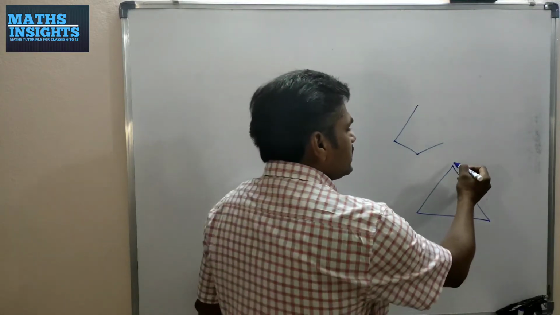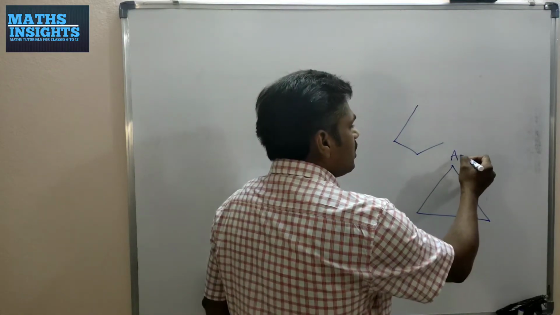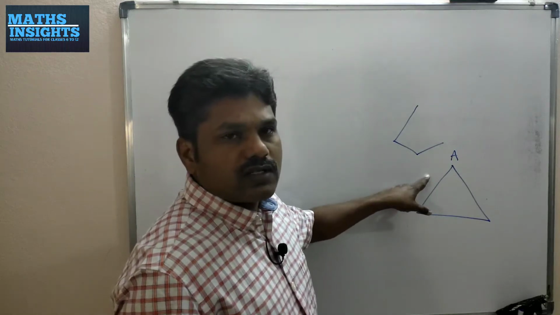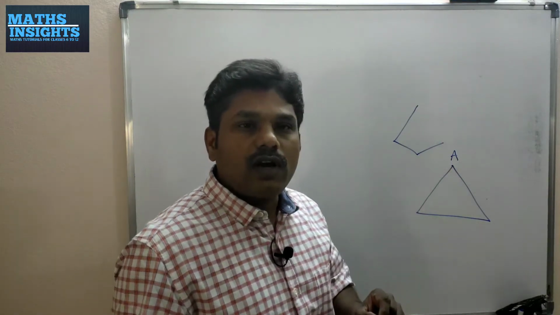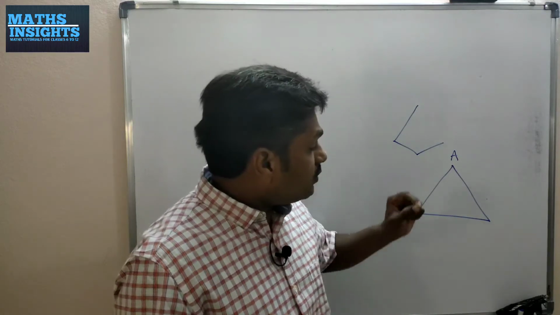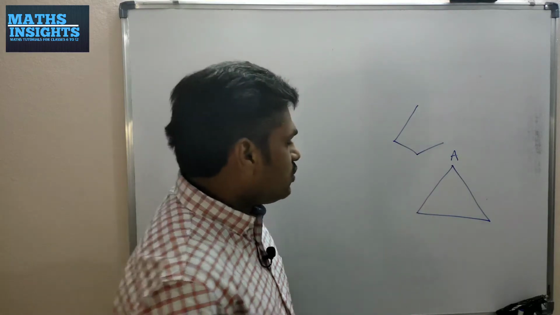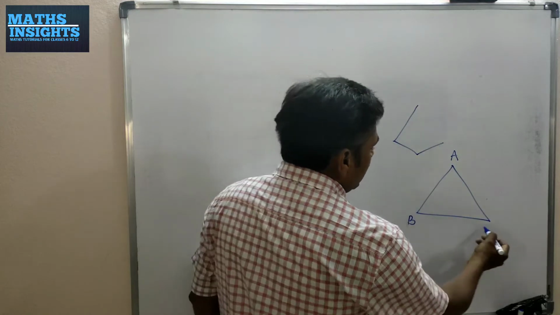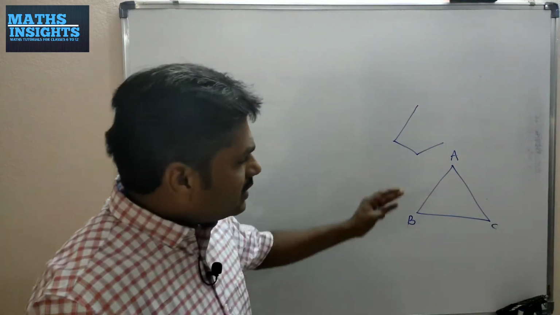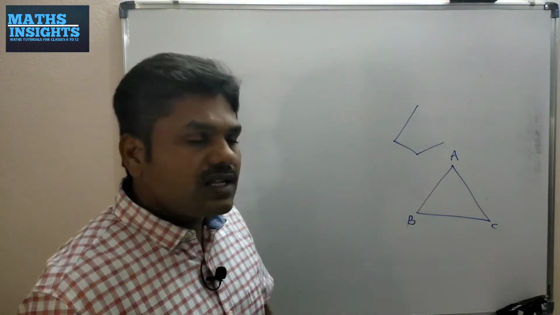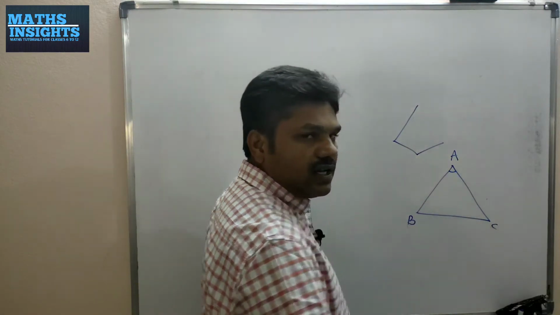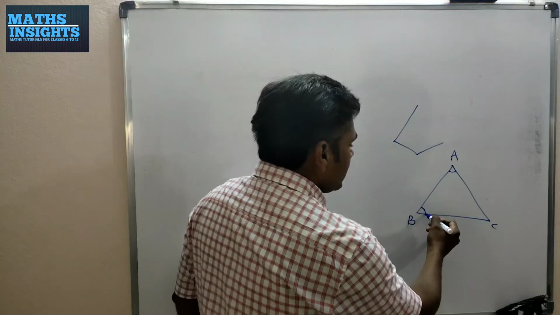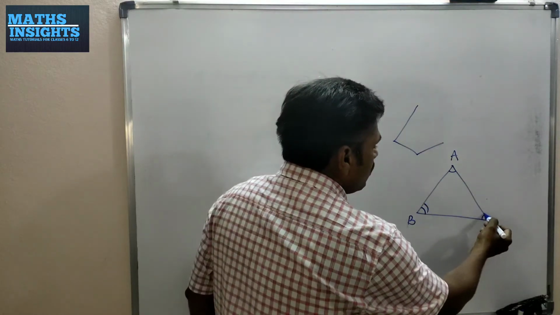You may represent the point of intersection of any two sides with a capital letter A, and that point is called vertex. You have another vertex here and another vertex. These are the three vertices of triangles, and you have three interior angles. This is the first angle, and this is the second angle, and this is the third angle.